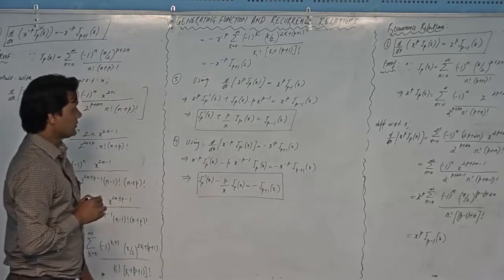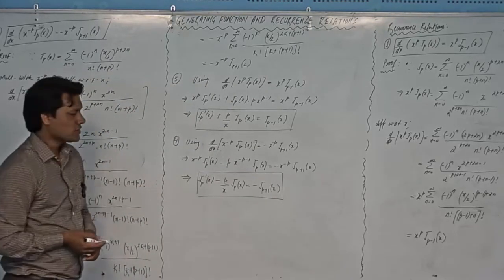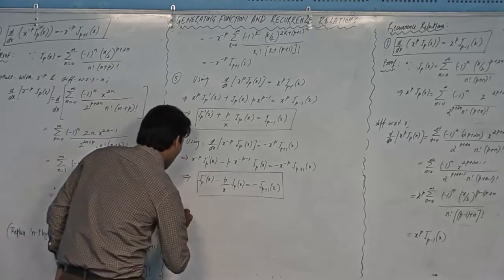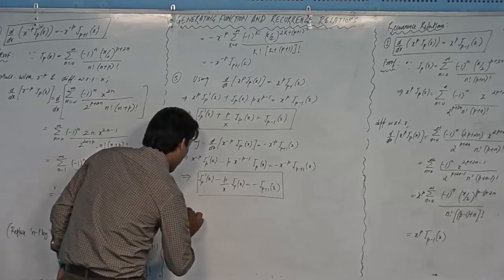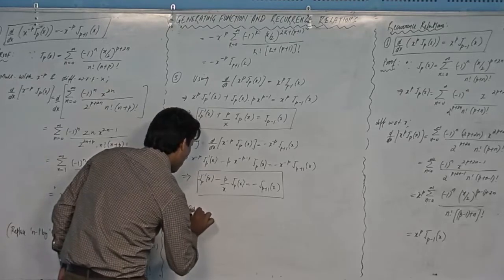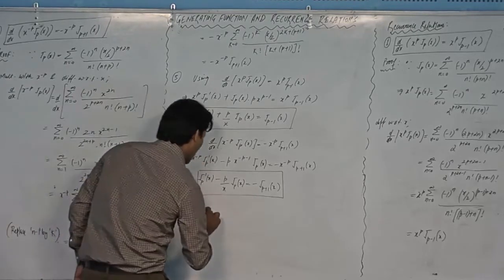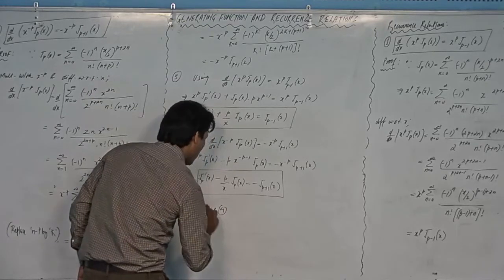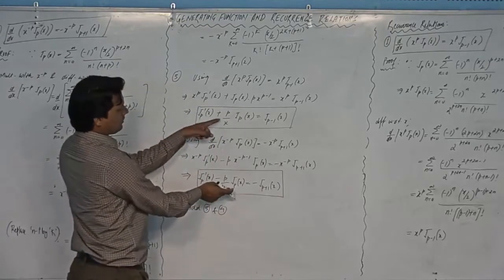And now the fifth and sixth relations are very easy. If you add them, you will get the fifth recurrence relation. Add recurrence relations third and fourth. You just add them, and when you add them, these two terms will be cancelled out.